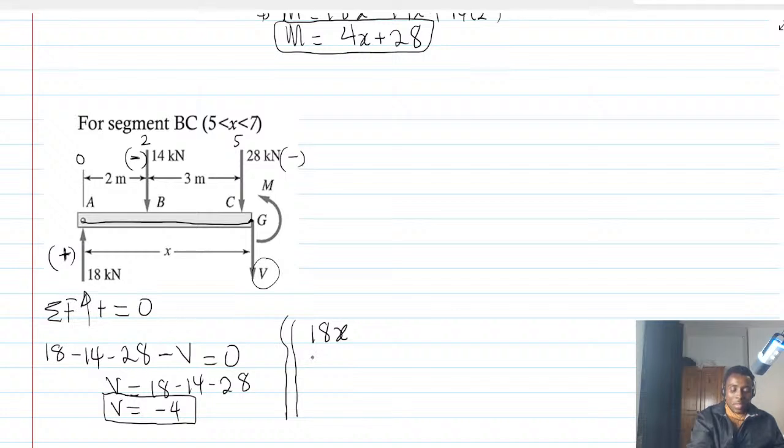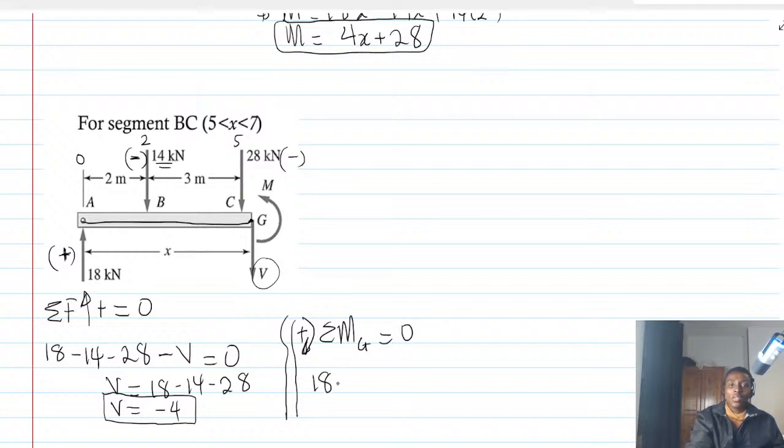Okay. Now after doing this, then you come to the 14. Okay, let me take my time. We are summing moment about point J. Clockwise is positive, should be 0.